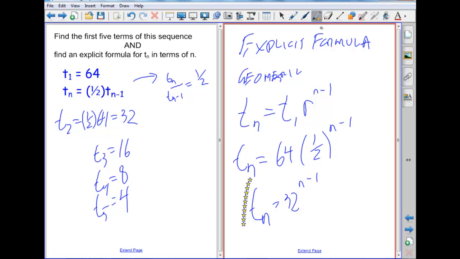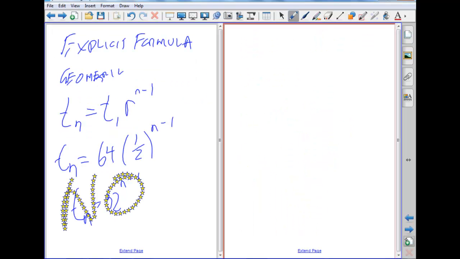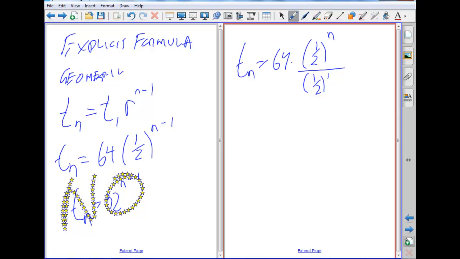Wait, lightning bolts. No! I missed the lightning. What can you do? We could try and simplify. Look, 64 times 1/2 to the n divided by 1/2 to the first. That would be legal, right? So is this simpler? 128 times 1/2 to the n.